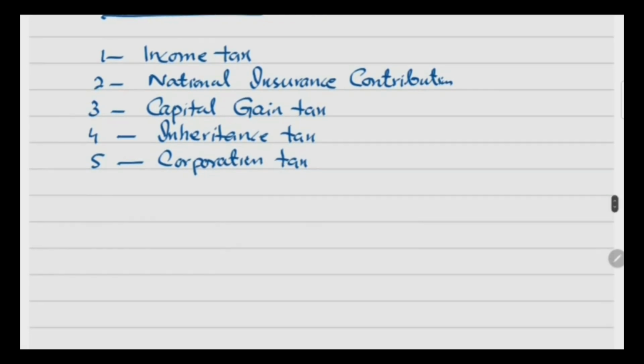This is payable by companies on their income as well as on their gains. And the last type of tax is value added tax. This is payable on the supply of goods and services by the final consumer.